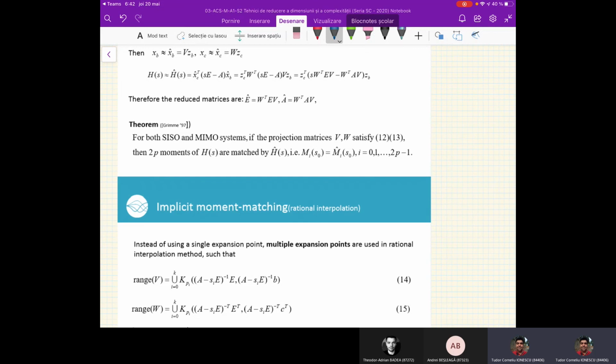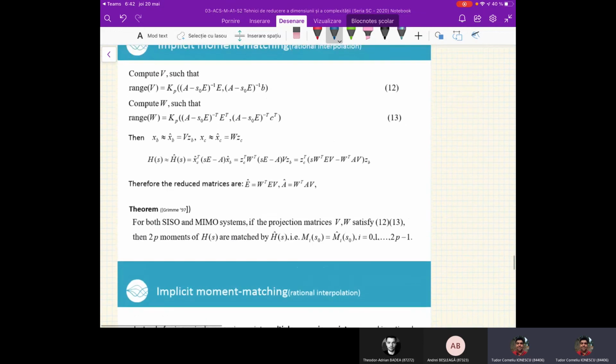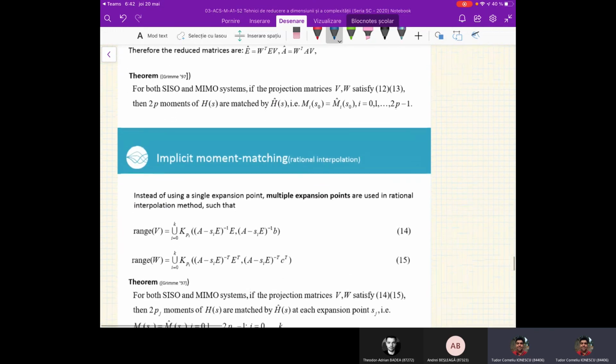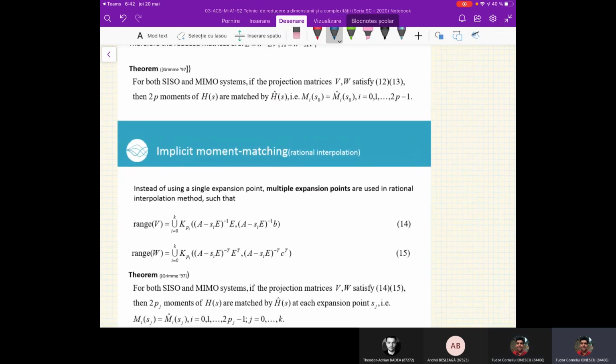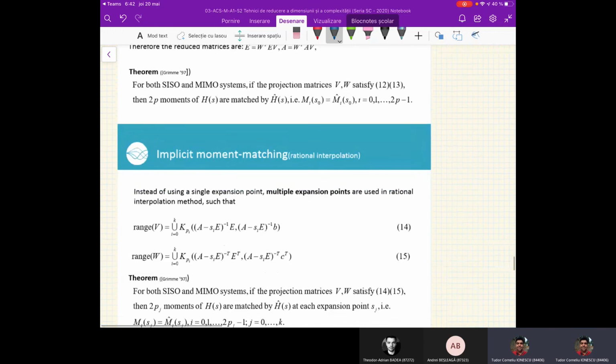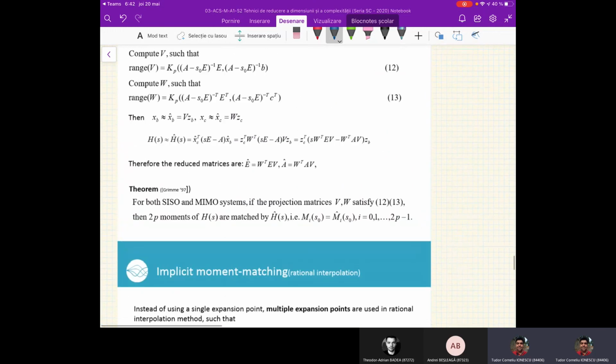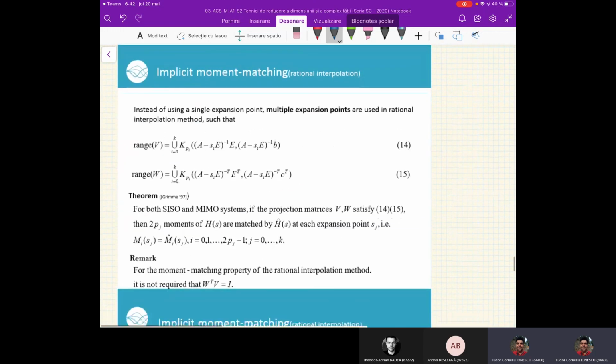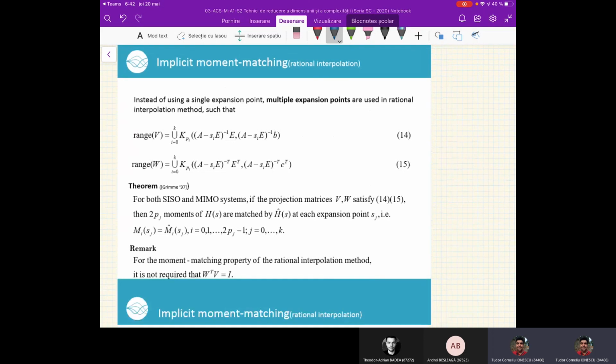So for both single input, single output, and multiple input, multiple output systems, if W and V satisfy relations 12 and 13, then 2p moments can be matched. Okay, this is for a single point. Now, if you have multiple points, you can build the projections W and V satisfying relations 14 and 15.